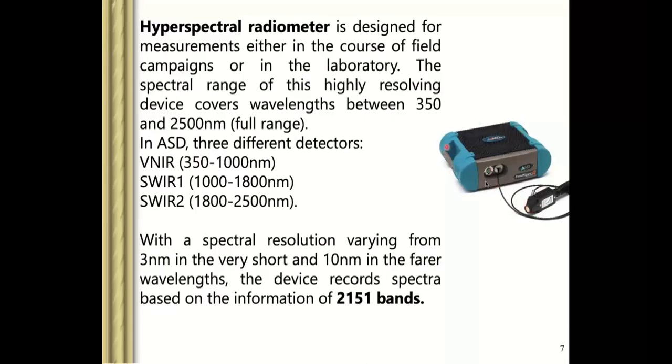You can see several detectors here, in three band intervals: visible near infrared, shortwave infrared 1, and shortwave infrared 2. So we have these three bands, and when you output the optical fiber derived data in CSV format or Excel format, you will get those signals.